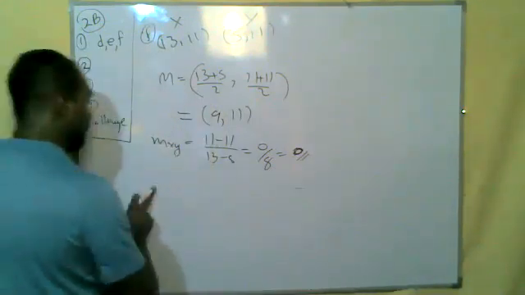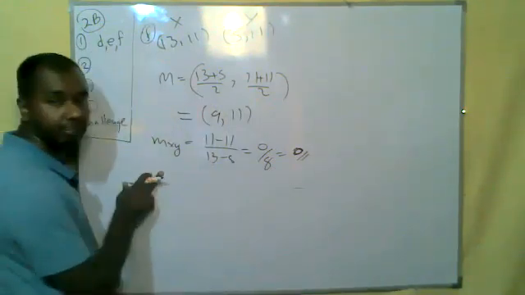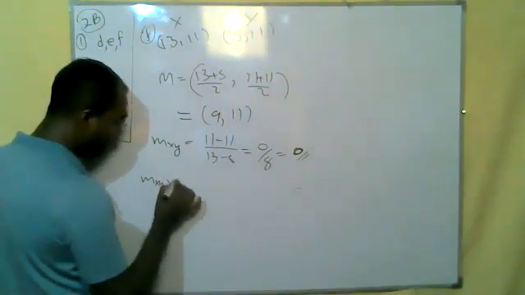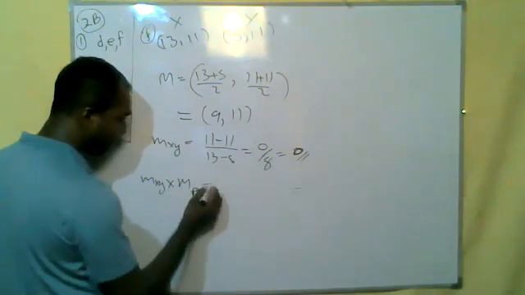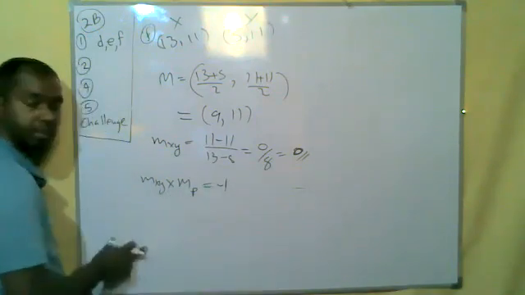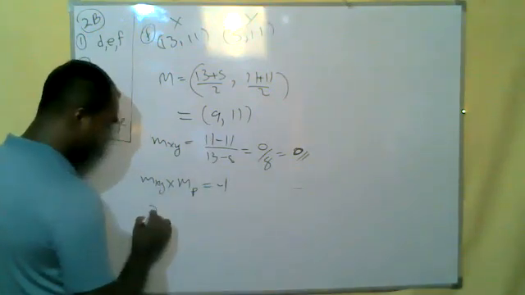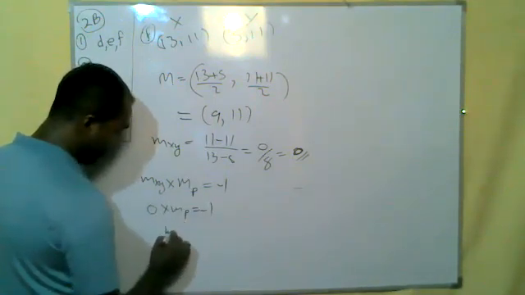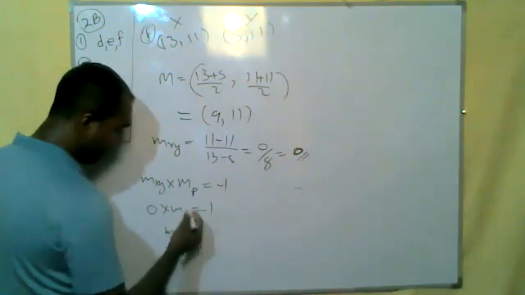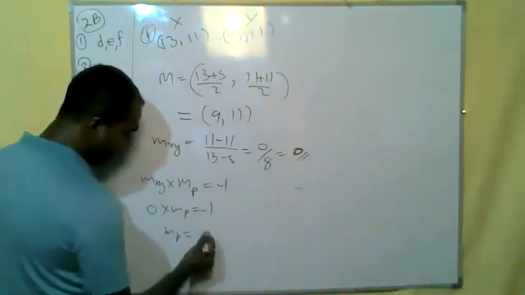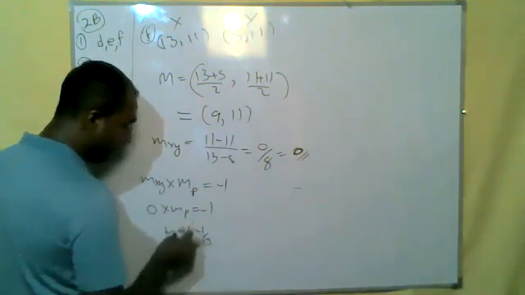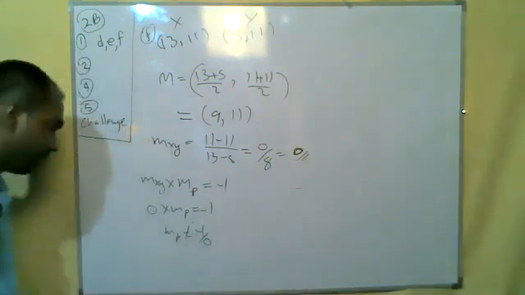Now, if this gradient is 0, if you put it into our earlier equation, M_XY times the perpendicular line gradient equals minus 1. So what do we have? 0 times M_P equals minus 1. If you make M_P the subject, the gradient of the perpendicular line is going to be what? Minus 1 over 0, which is an undefined form. We can't divide by 0. It's not defined, no?